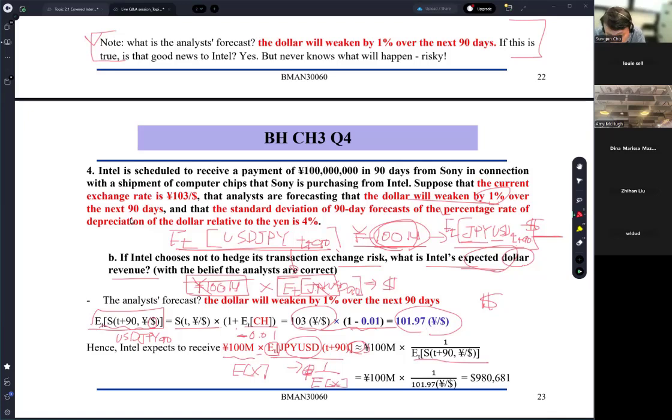There are some numerical errors, but I'm going to just ignore that and use the reciprocal like this. E_T JPY/USD is the reciprocal of E_T USD/JPY. So if you multiply like this, this is the expected dollar revenue.